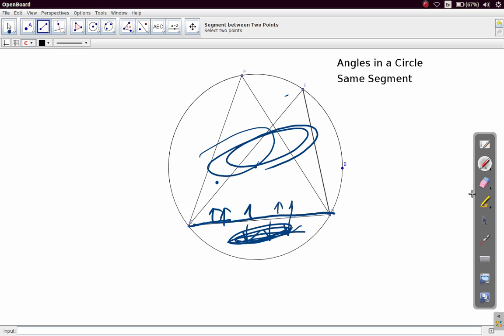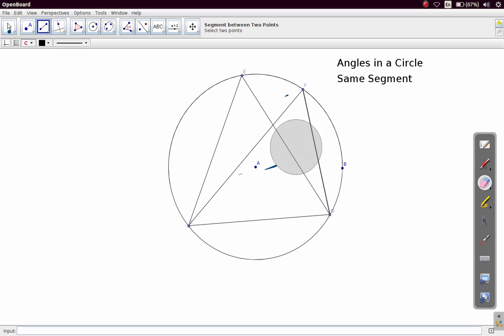That's what they're talking about. So this angle is lying within the top segment here, and this angle is also lying within that big top segment there. Now, angles in the same segment of a circle are equal.